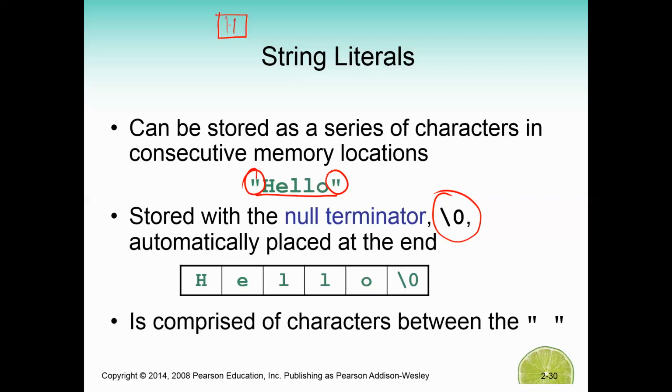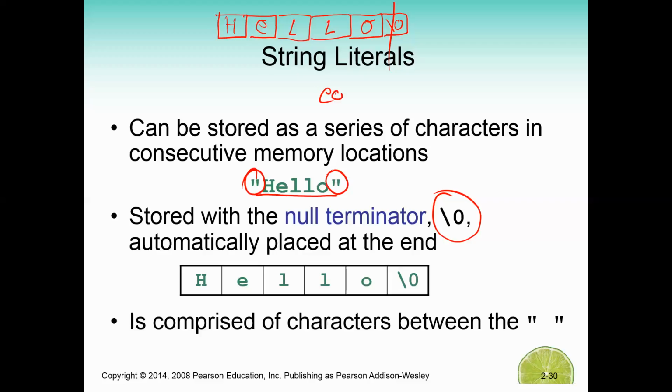The letter H. The next byte is going to have the letter E. The next byte, the letter L. The next byte, again, another L. The next byte is going to have the letter O. And then I have one more that is going to be used for the null terminator. That indicates this is it. This is the stop. So how many bytes do we have? 6.